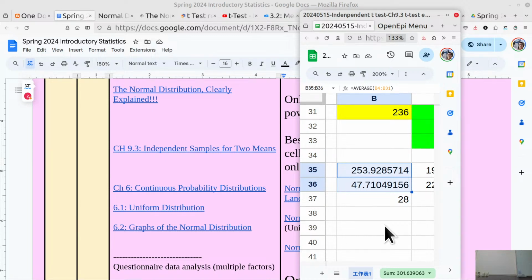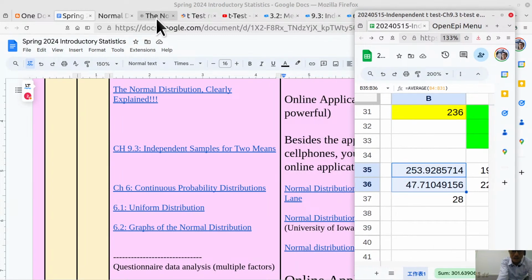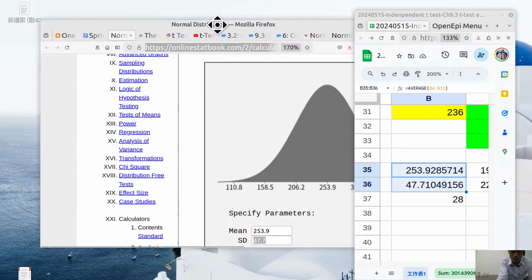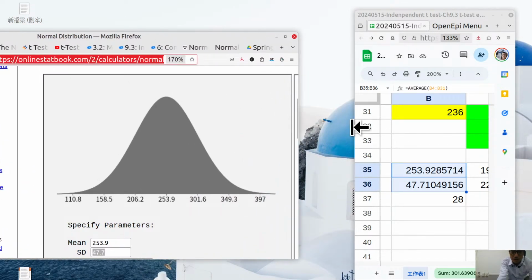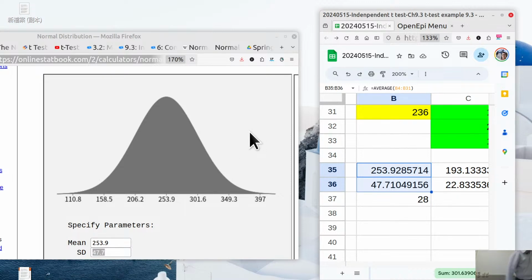And now there are online applications, especially on your cell phone, there are a lot of apps you can use. And I expect you will get the normal distribution curve like this. You can try this. After you finish this part, please take a screenshot and copy paste on your website, your blogger.